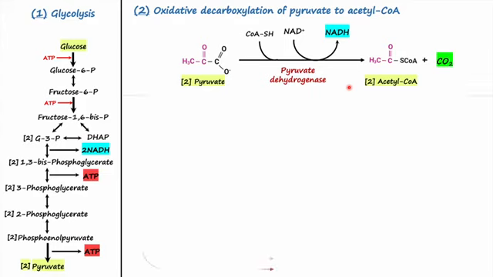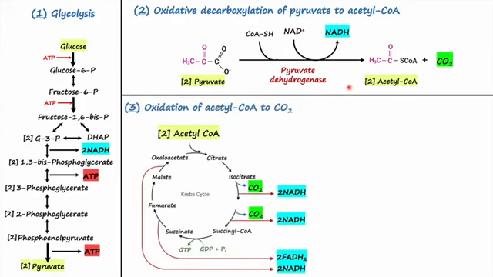And now the third stage is the oxidation of acetyl coenzyme A to carbon dioxide. In this process, acetyl coenzyme A is oxidized into carbon dioxide through the tricarboxylic acid cycle or Krebs cycle, and the electrons which are liberated through this process are passed on to the coenzymes, that is NAD and FAD, and these coenzymes are then reduced to NADH and FADH2.